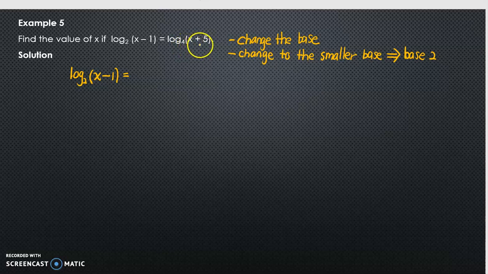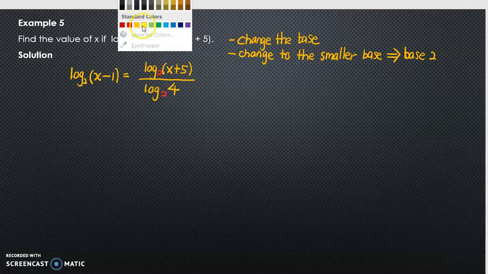So you can see that x plus 5 is above 4. So when we change the base, x plus 5 is on the numerator. Over, for the denominator is log 4. So now we need to change to base 2. So you just put base 2 here. So this is base 2.